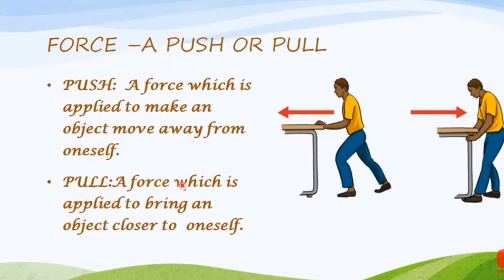A force which is applied to bring an object closer to oneself. In the second example, the same person is pulling the bench or the desk towards himself. Wherever I say pushing, it is moving the object away from oneself. Wherever I say pulling, that is bringing the object closer to oneself.